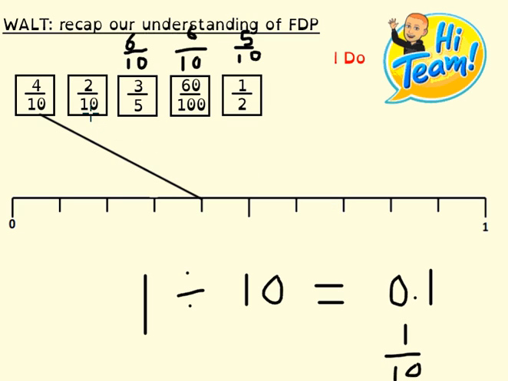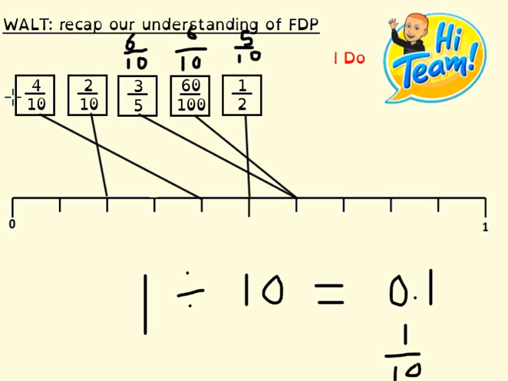My 3/5, which is the same as 6/10, will be here, as will my 60 over 100. And my half remains halfway, like so. Quick recap. So you work out your interval. You then try and get all of your fractions over the same denominator, and then you can draw your lines nice and easily.